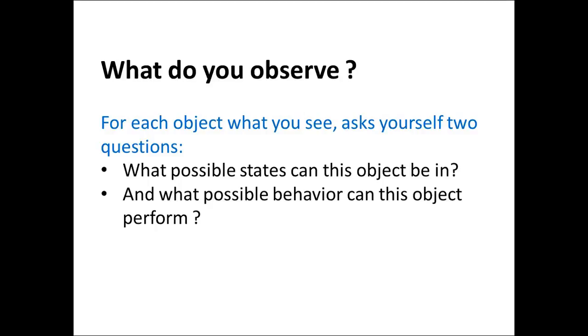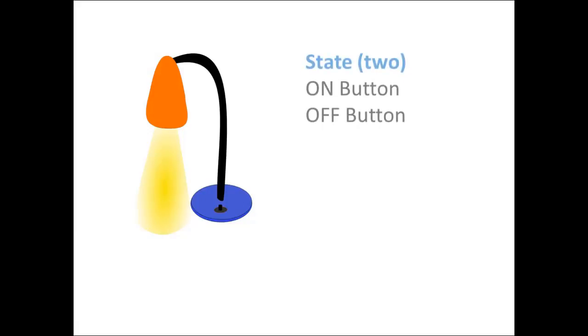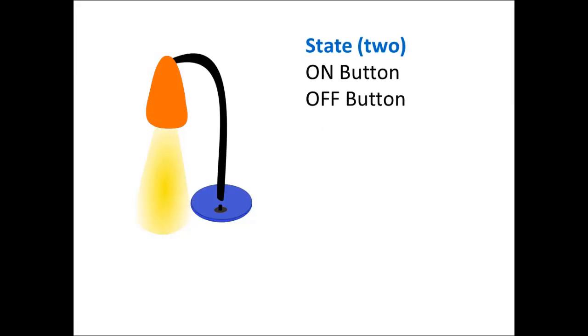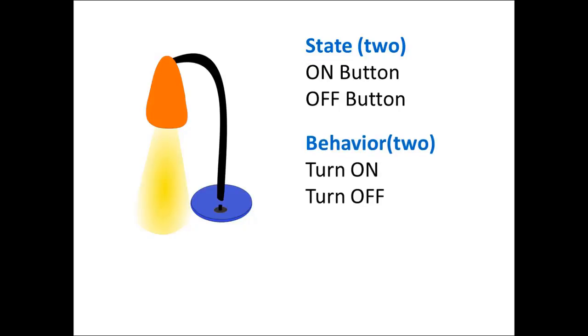As you do, you will notice that real-world objects vary in complexity. Your desktop lamp may have only two possible states, that is on and off, and two possible behaviors, that is turn on and turn off.